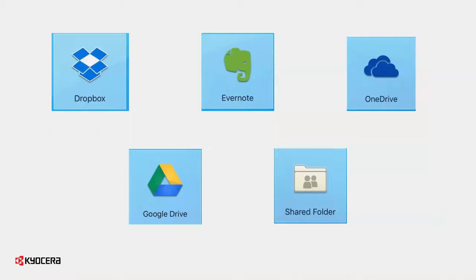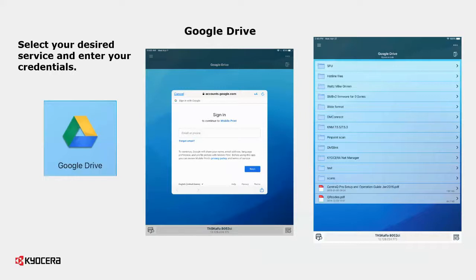A new feature in version 2 of the Kyocera mobile print app is the ability to pull files from cloud-based storage, such as Dropbox, Evernote, OneDrive, Google Drive, and also a local network shared folder. To access the new cloud-based locations, you must first have an account with those services.